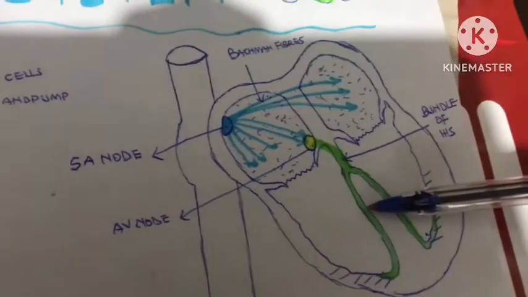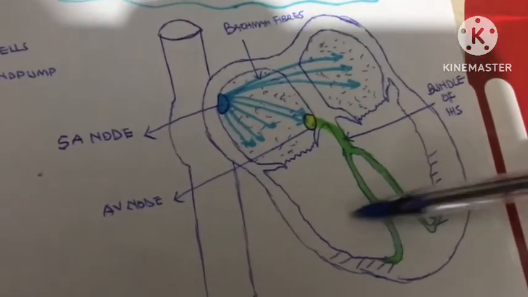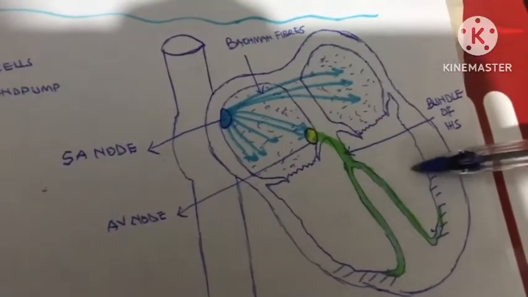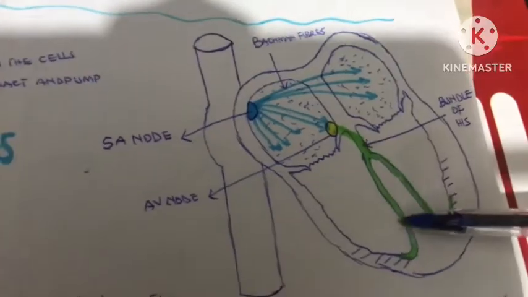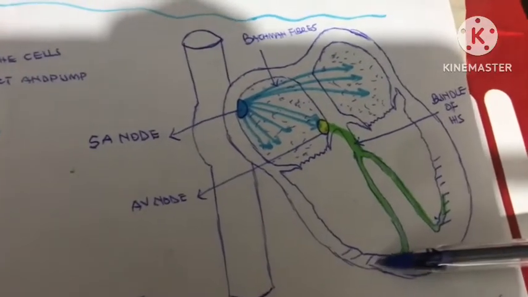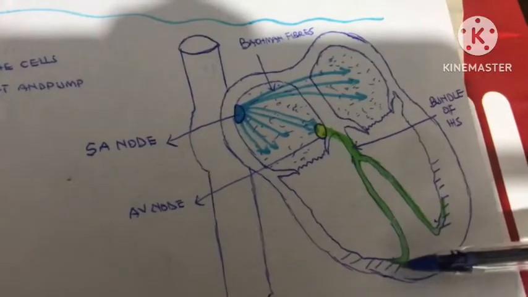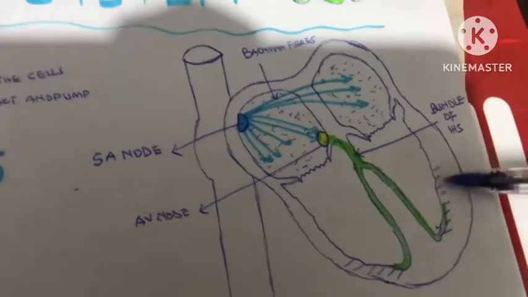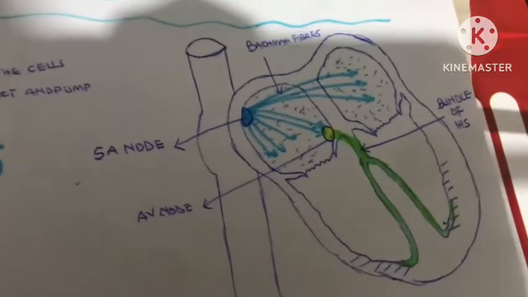The right and left bundle branches stimulate the ventricular walls, because they are attached to the ventricular walls. When they get to the lower part of the ventricles, they divide into small fibers called the Purkinje fibers, and these Purkinje fibers also stimulate the ventricular walls.